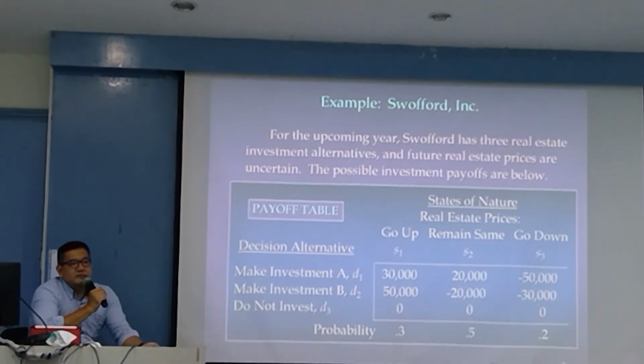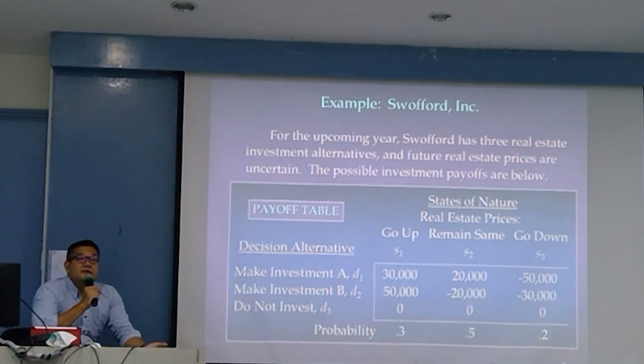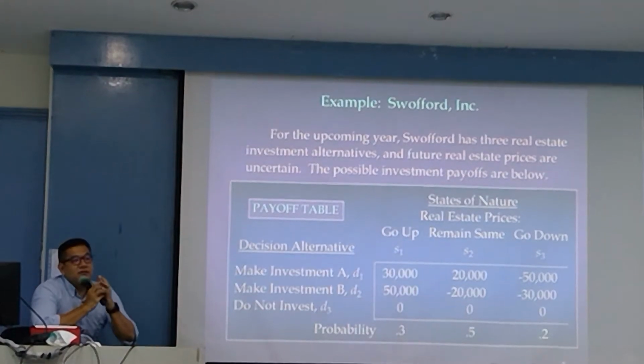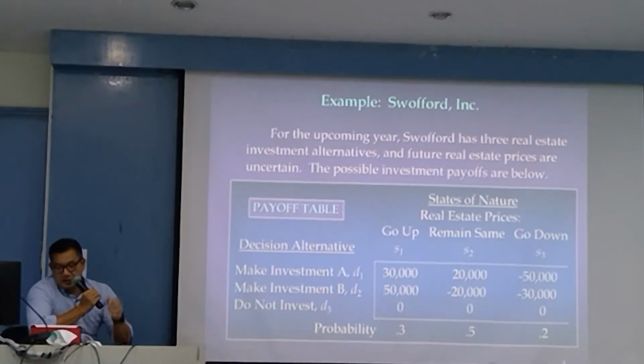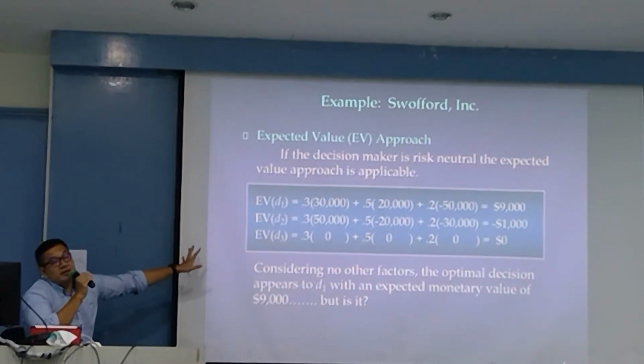Based on our knowledge from decision analysis, in this case we come to decision making under risk. We have alternatives, different outcomes, and we know the probability for each outcome. In this case EV and EMV are the same.